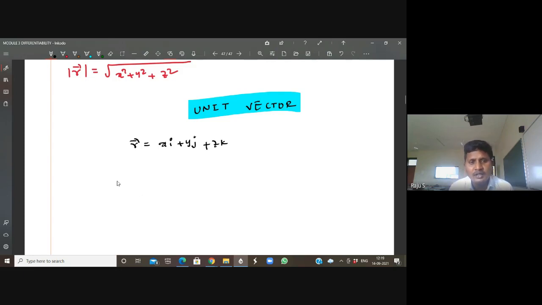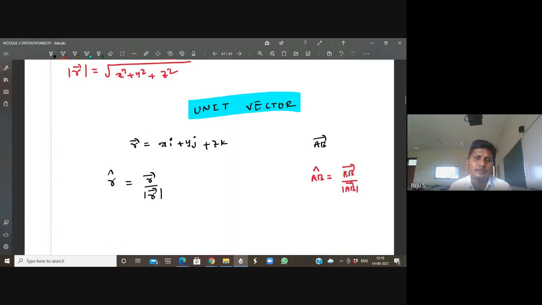The unit vector of the given vector can be represented by r cap. So r cap is equal to vector r by the magnitude of the given vector. That's it. Otherwise, if AB is any vector, the unit vector of AB can be written as AB cap, which is equal to vector AB by its magnitude.